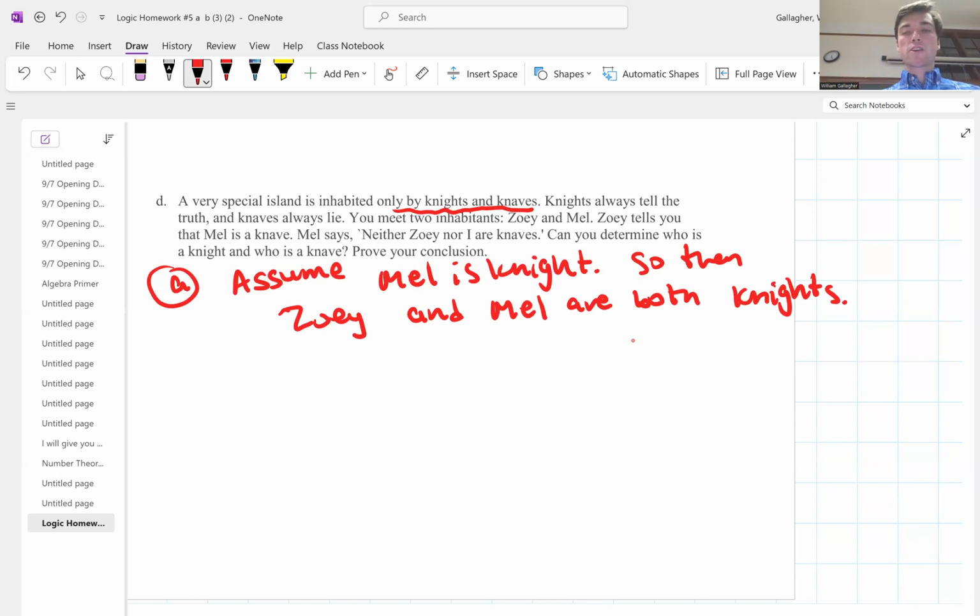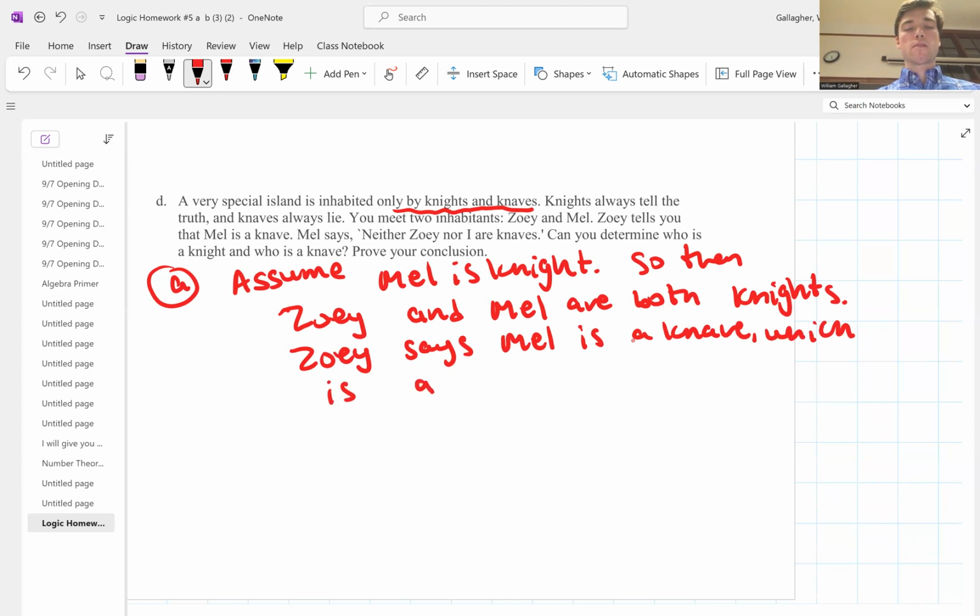But then you go and look at what Zoe says. Zoe tells you that Mel is a knave, which is a lie. And again, knights don't lie. So that is our contradiction. So we can conclude that Mel is a knave.